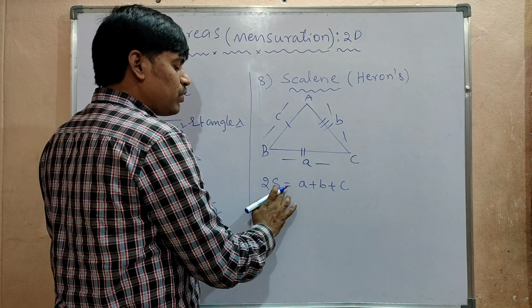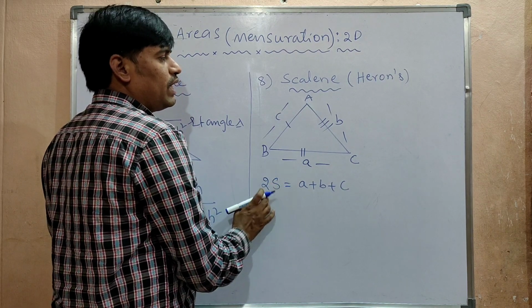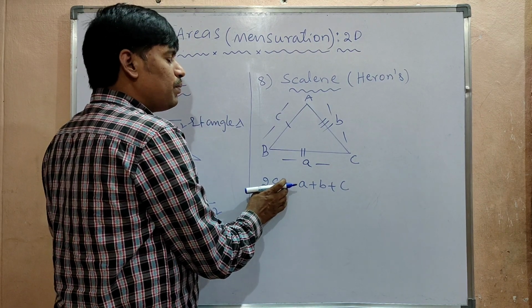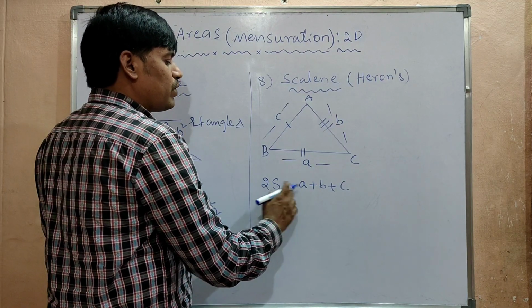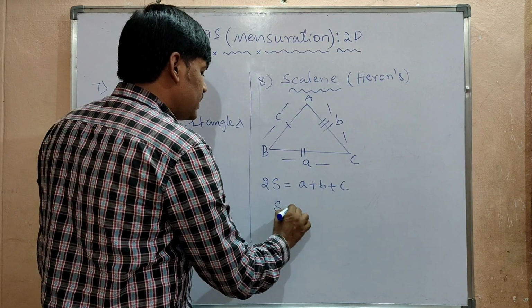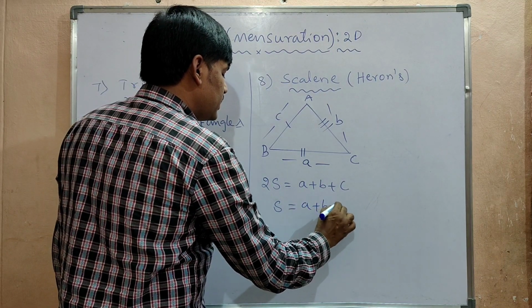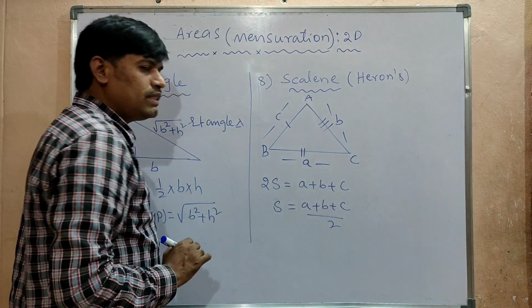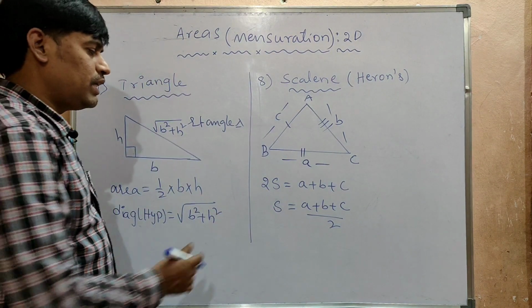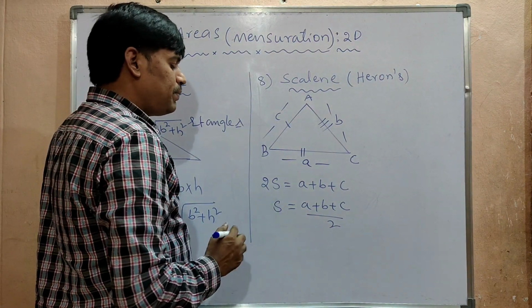So 2s is the perimeter of the scalene triangle, and s is equal to a plus b plus c by 2. Here it is the perimeter, here it is the semi-perimeter.